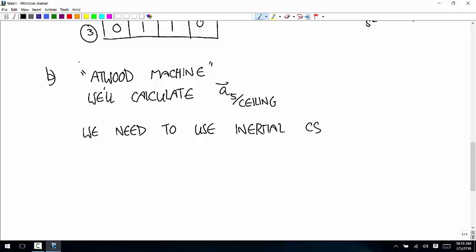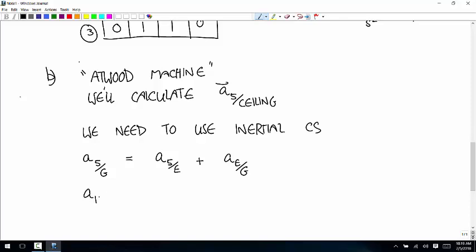And so I'm going to call the true acceleration of 5, let's say the acceleration of 5 relative to the ground, equal to the acceleration of 5 relative to the elevator plus the acceleration of the elevator relative to the ground.